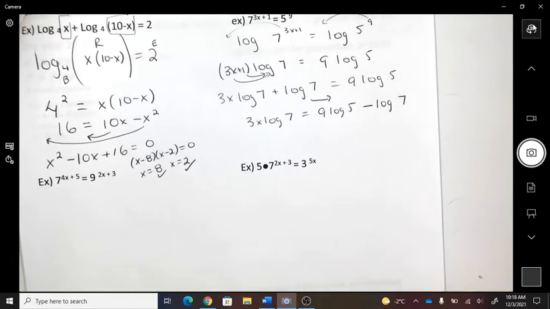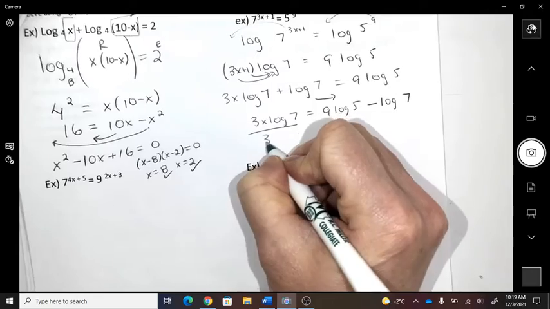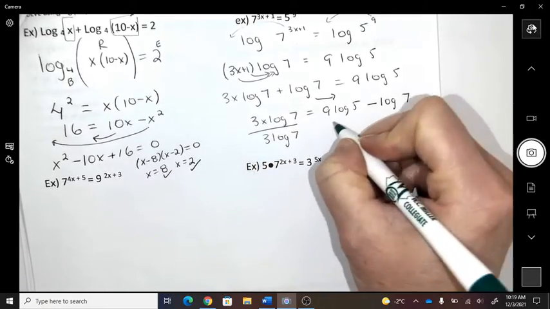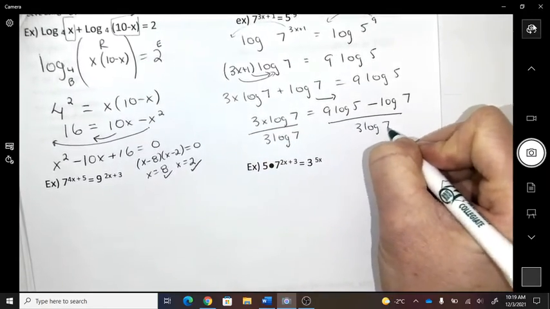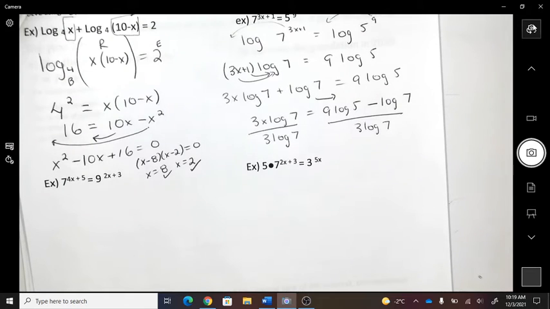And now, how do I isolate x? I have to divide by 3 log 7.